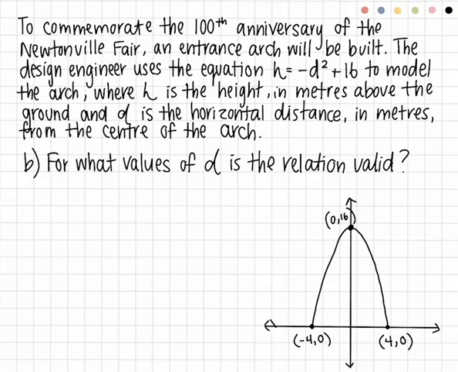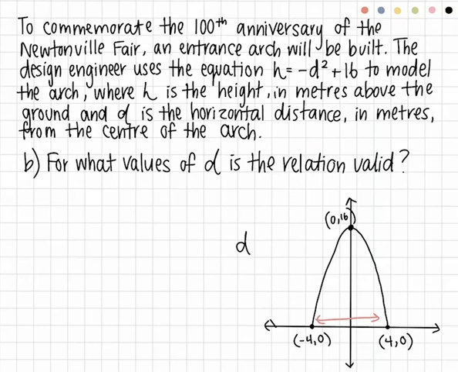I don't know if you guys remember this when we were graphing before, especially in vertex form, like what the values are and what makes it true and real, and how we can't go past certain points for certain values. Well, the same thing is true here. If I have D, D is my distance in what? Meters. My horizontal distance in meters. Right? So what can my horizontal distance be?